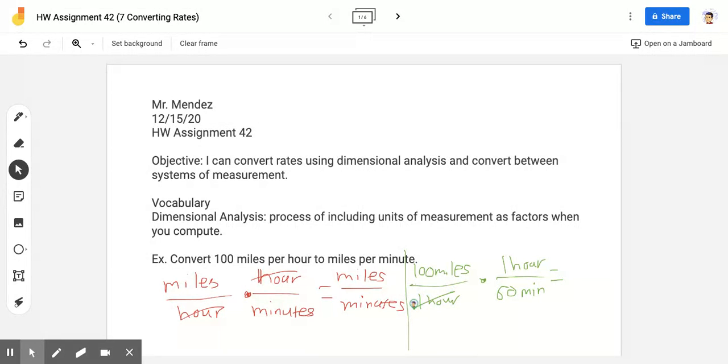Well, my hours are going to end up canceling out. I'm going to have 100 times 1, which is 100, over 60 times 1, which is 60. Therefore, miles per minute would be 100 divided by 60, about 1.67 miles per minute. All right? So that's one way that we could figure this out.